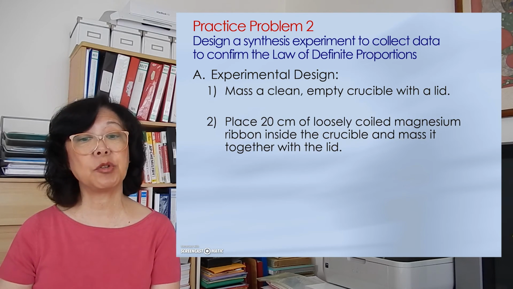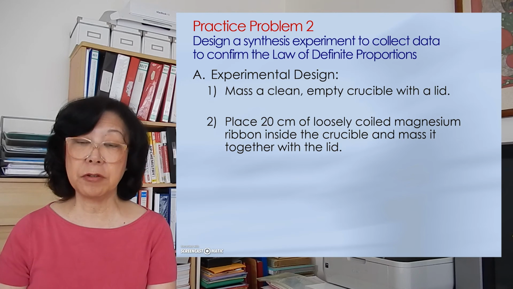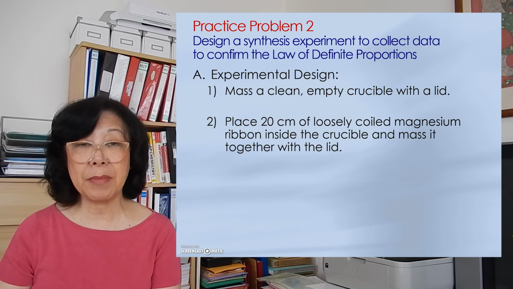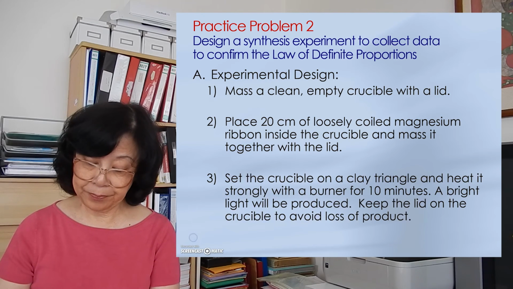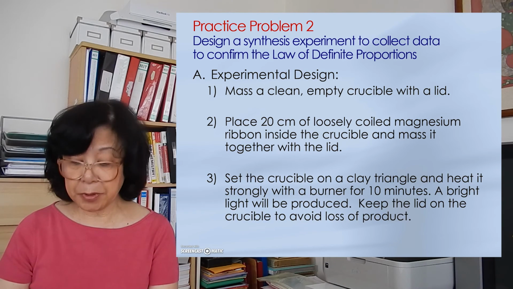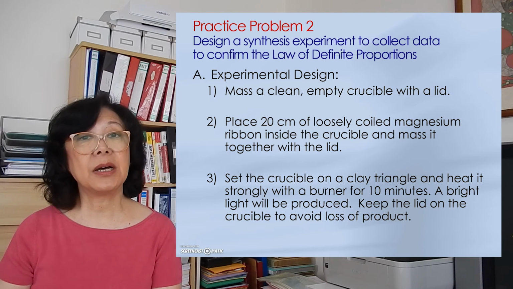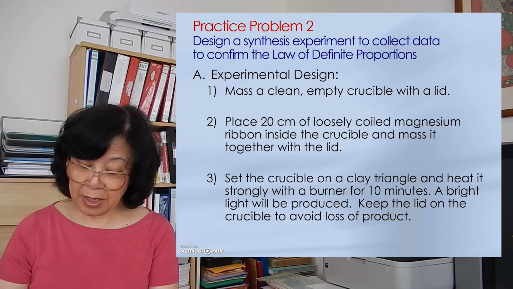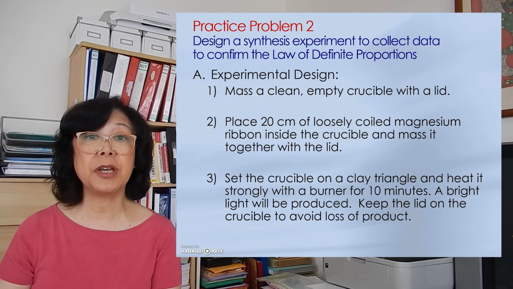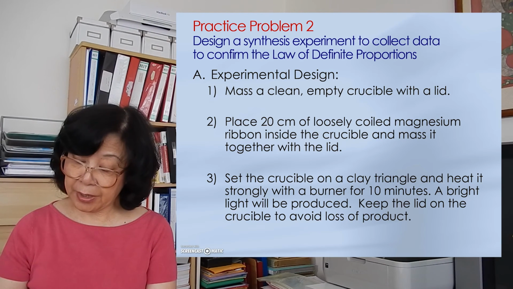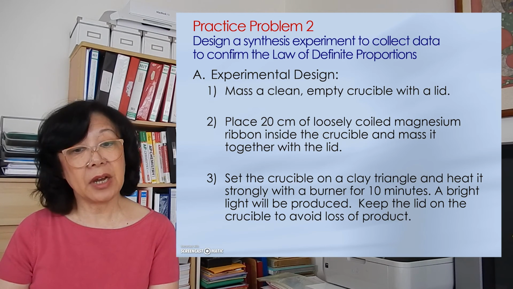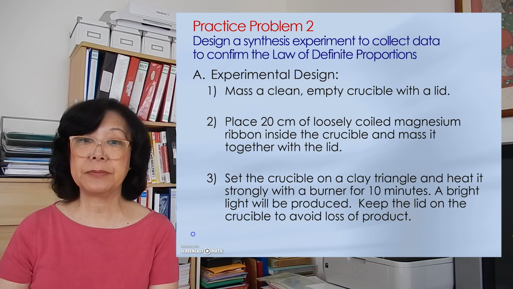Now we take about 20 centimeters in length of loosely coiled magnesium ribbon and put it into the crucible and mass it again with the lid. Now we set the crucible with the lid on a clay triangle supported on the ring stand and heat it strongly with a burner for 10 minutes. During the heating, a bright light will be produced, and we keep the lid on to avoid loss of product.